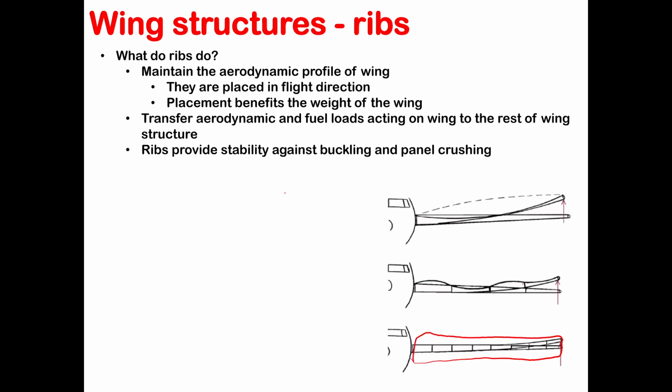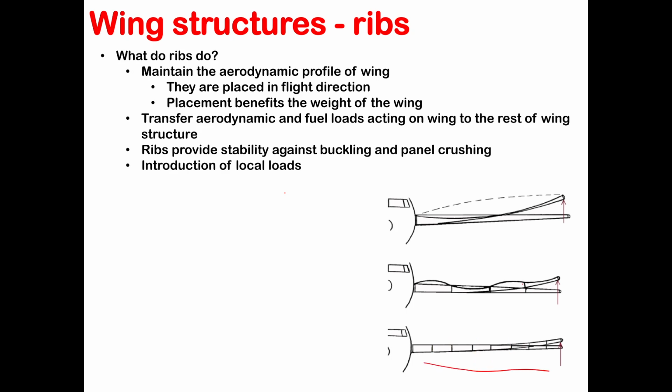So you can have a less stiff and a less strong material by just adding ribs. You're going to fix the problem of the bending load on the wing.